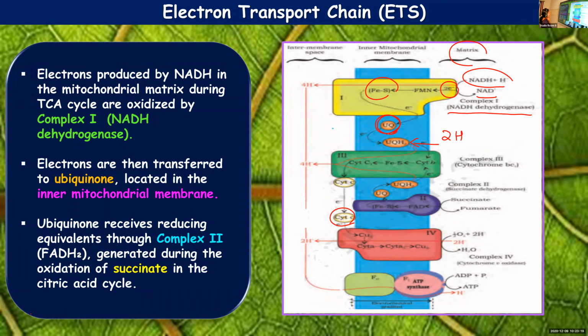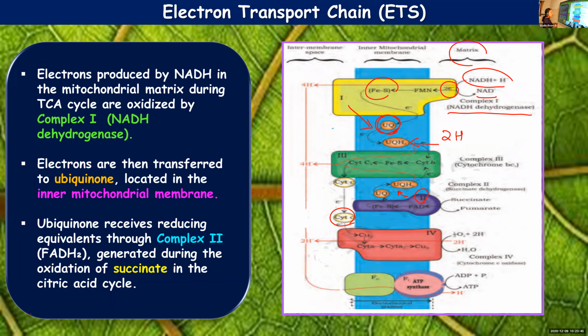And ubiquinone receives electrons both from complex 1 and also from complex 2. Complex 2 is succinate dehydrogenase.